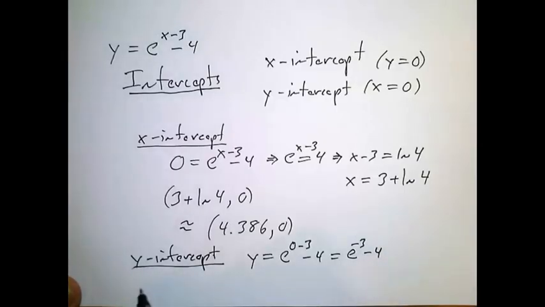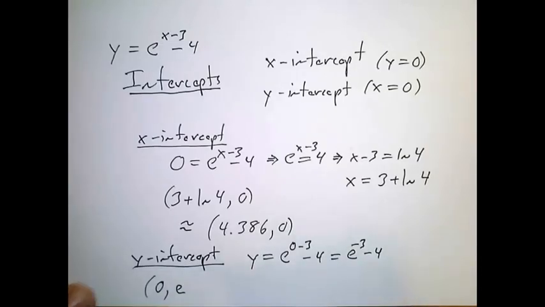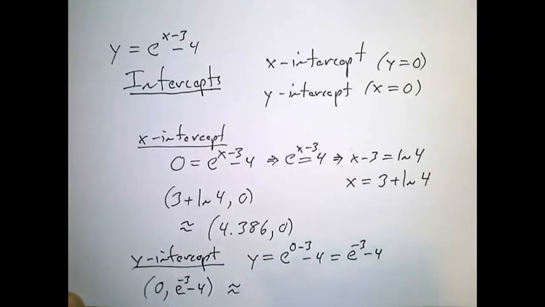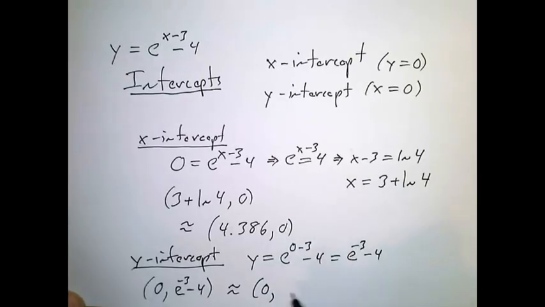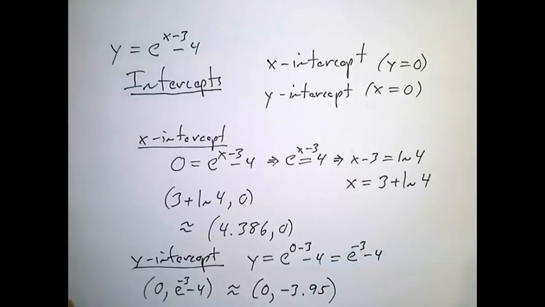And so I get my point x is 0, and y is e to the negative 3 minus 4, which is roughly, let's see if we calculate this, 0 and negative 3.95, right? So these are my intercepts.